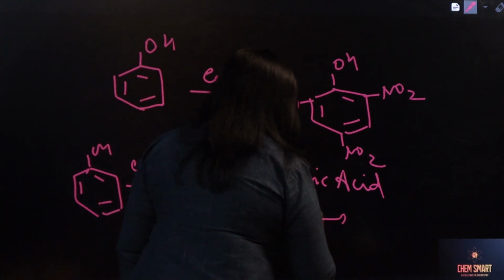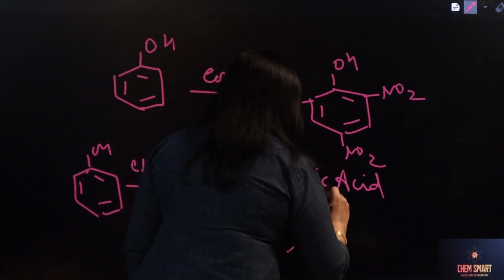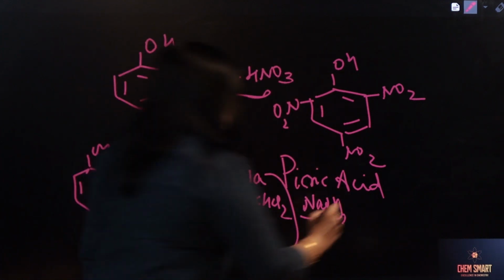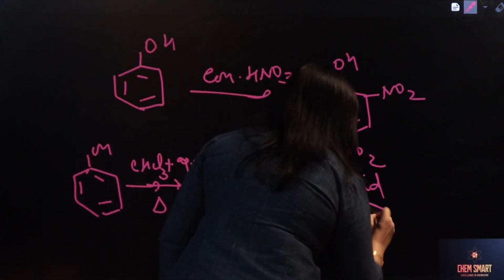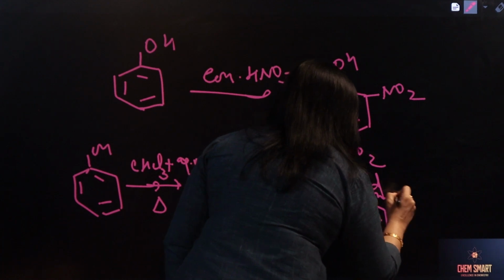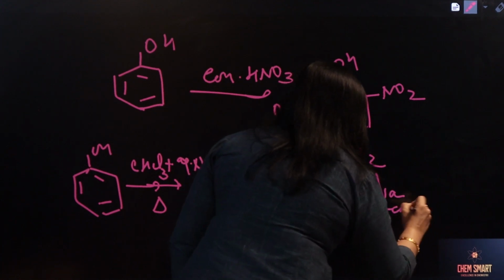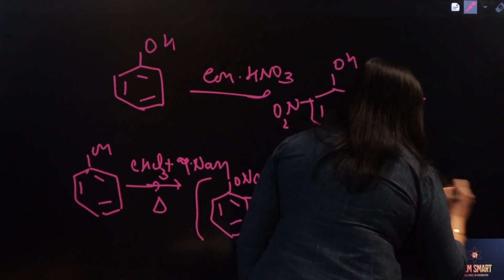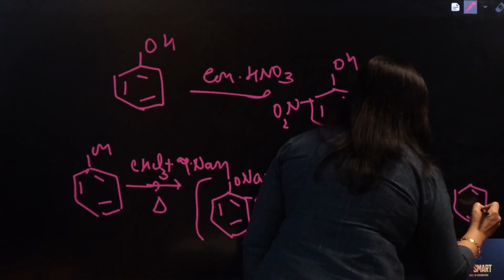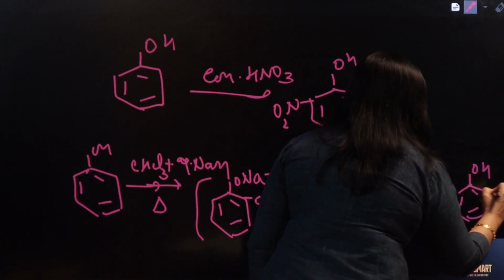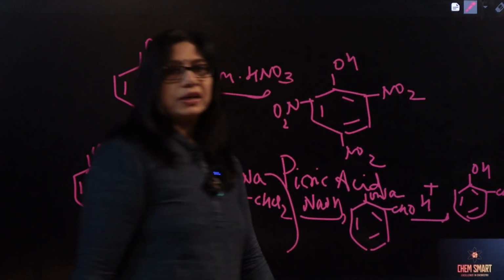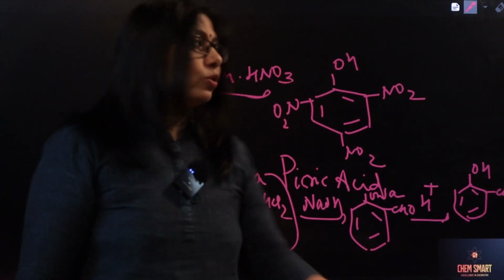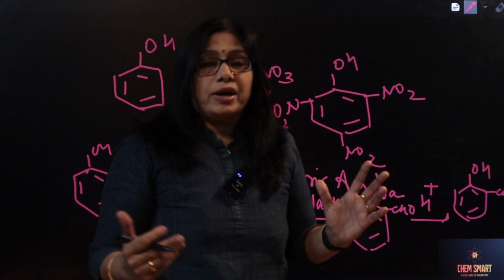And then that on further treatment with NaOH, you will get another compound, that is you will be getting ONa and CHO, which on further acidification, you will get OH and CHO, which is the salicylaldehyde. Clear? So this is basically the Reimer-Tiemann reaction.